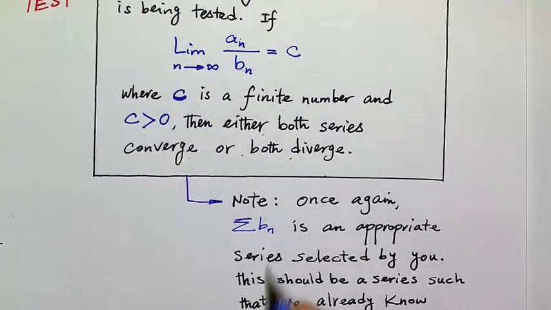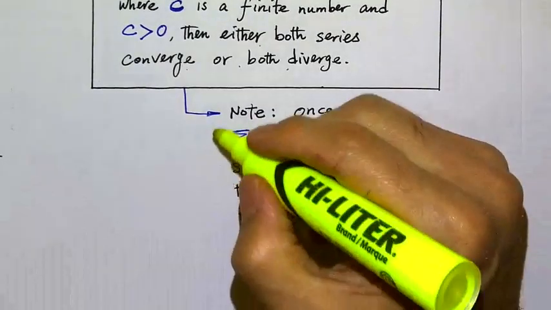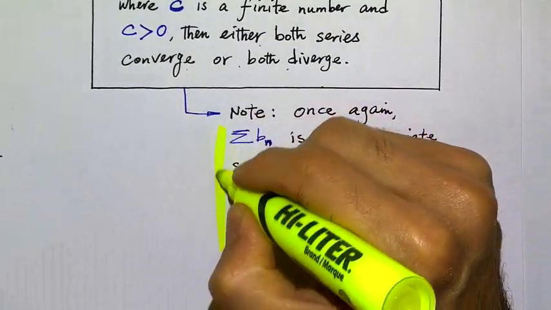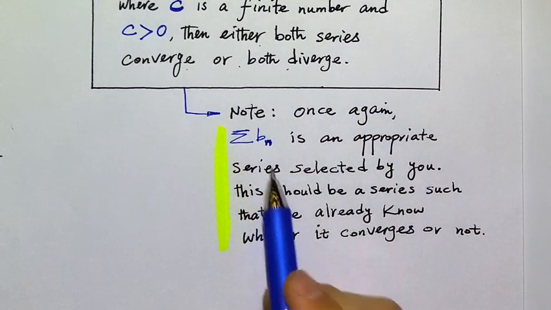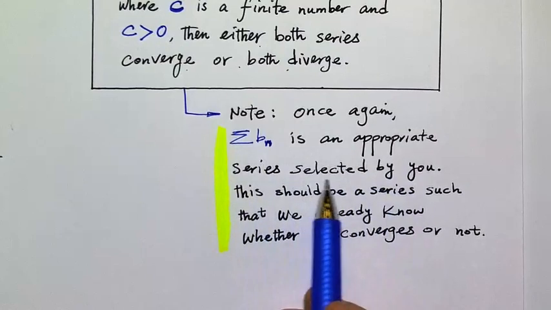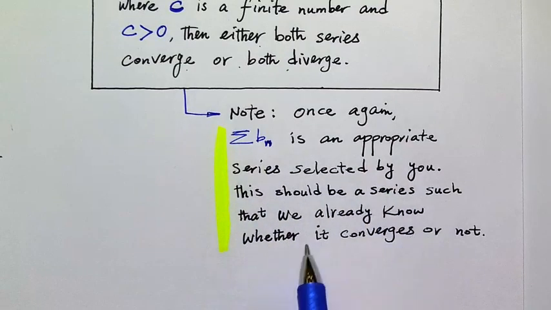And so I made a note of it here. Maybe I should highlight it, because what you pick as the series to compare to is very important. So once again, series B sub n is an appropriate series selected by you. This should be a series such that we already know whether it converges or not.